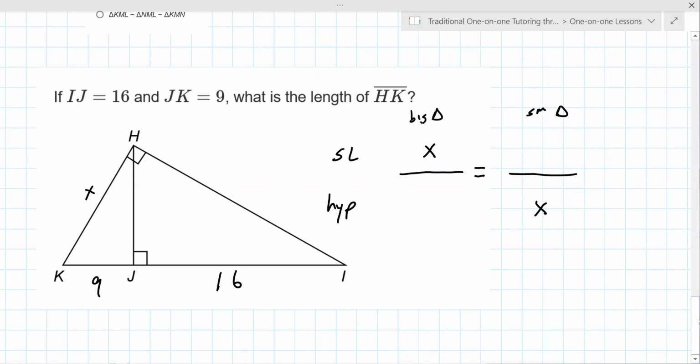So now, do we have the hypotenuse of the big triangle? Here's the big triangle. Yes, we do. It's 9 plus 16. Small triangle. Do we have the short leg? What's the short leg of this small triangle? 9. All right, go ahead and solve that.